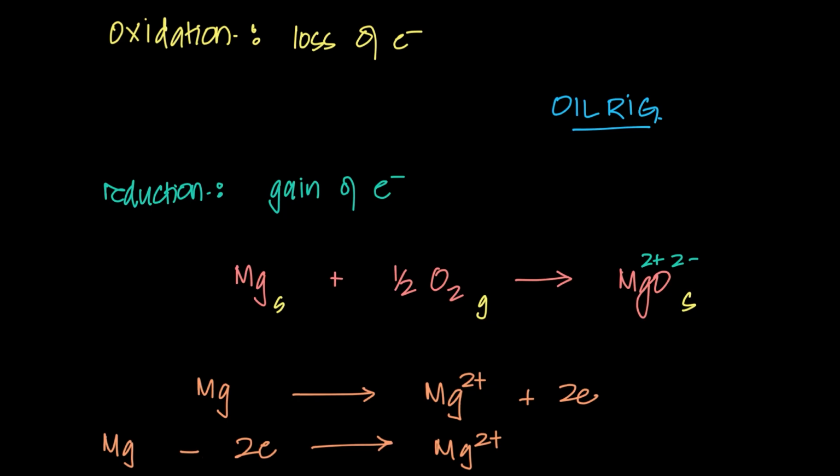Magnesium is becoming a positive ion by losing electrons, and therefore we can identify this part of the reaction as oxidation, because oxidation is loss of electrons. So we can say magnesium in this reaction is undergoing oxidation.